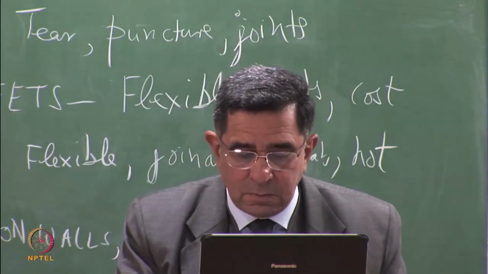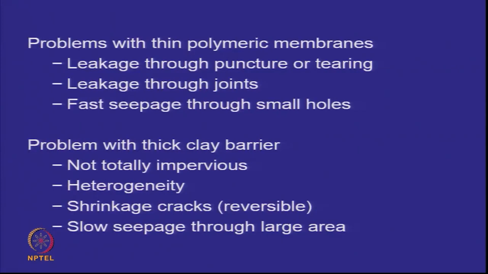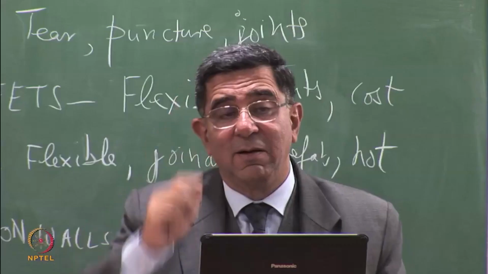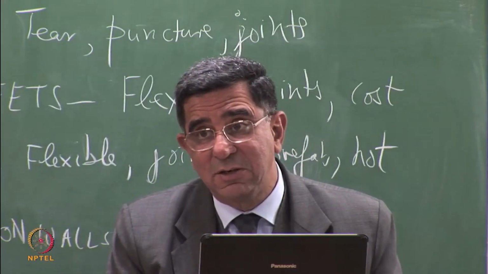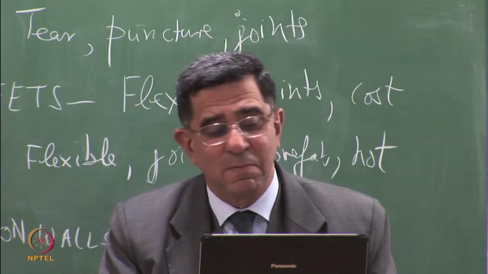So what experience shows is that with thin polymeric membranes, leakage through punctures or tearing, even if we take the maximum precaution, there will be some holes. So this gives you fast seepage. You make a puncture in a plastic sheet, water will come out very fast.